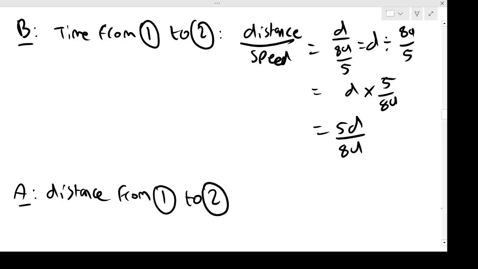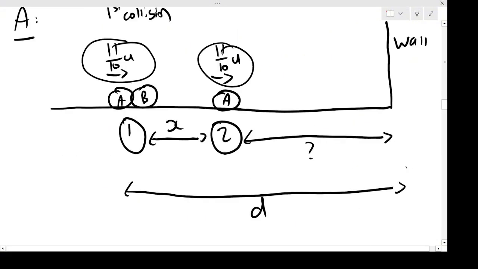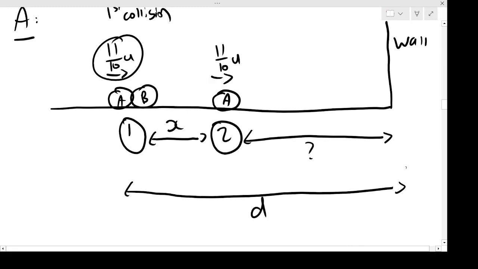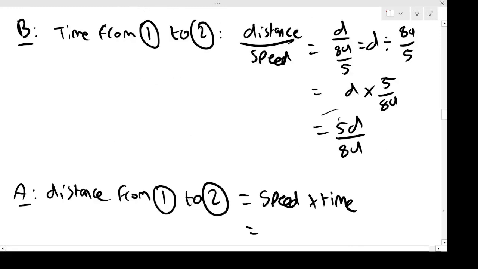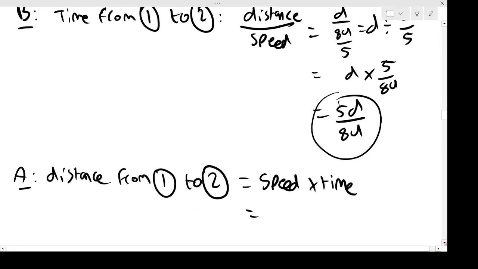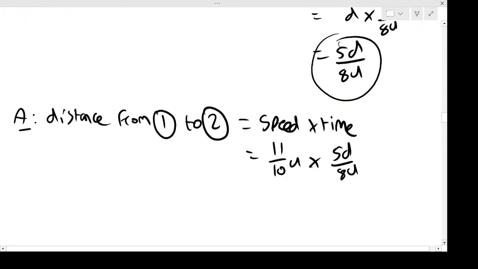And this is for A, right? So that's going to again be, well, speed times time, right? That's my formula for distance, speed times time. Well, for A, the speed is again 11 over 10u, and the time is this expression here. So it's going to be 11 over 10u times 5d over 8u. And so if we work this out, that's going to be 55d over 80.